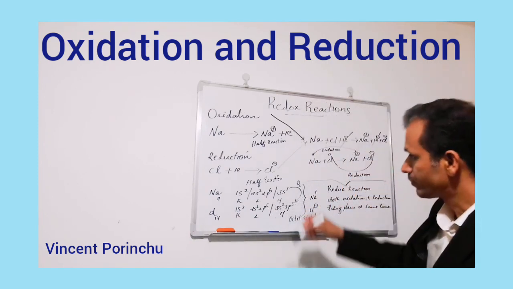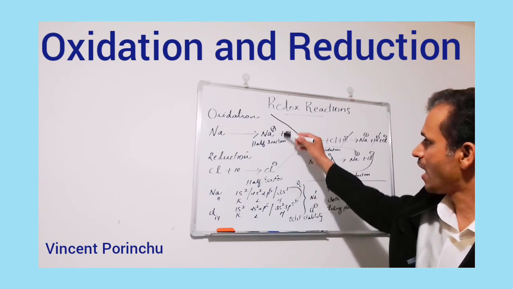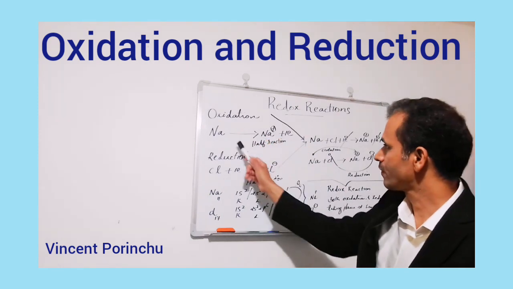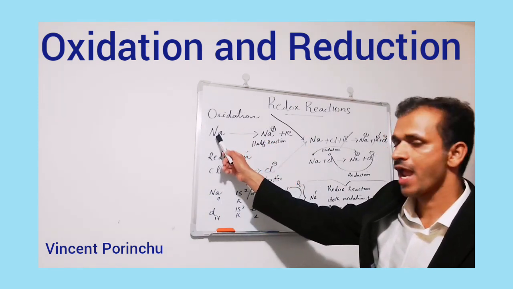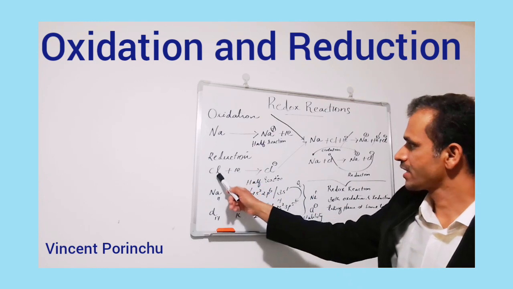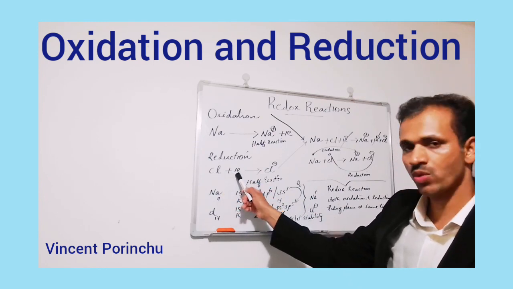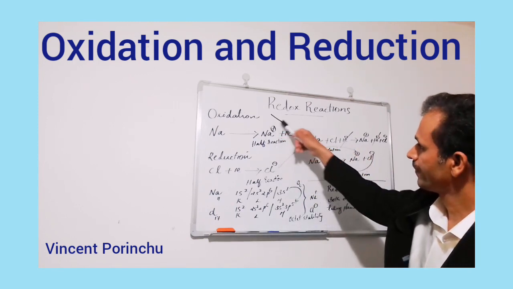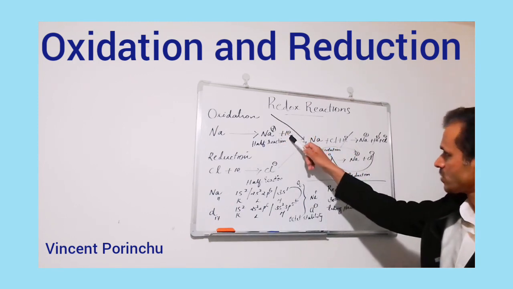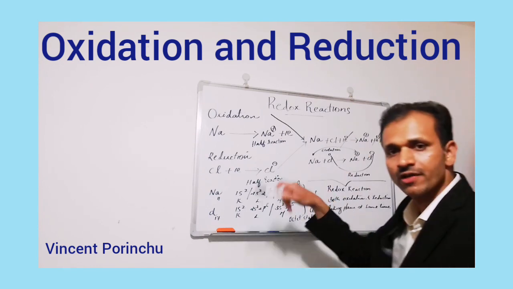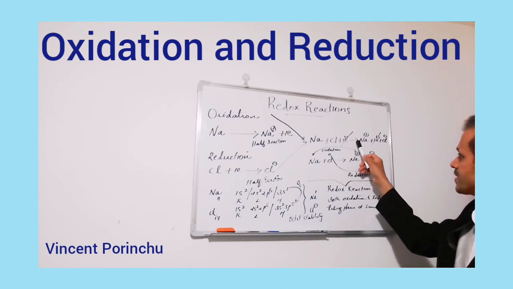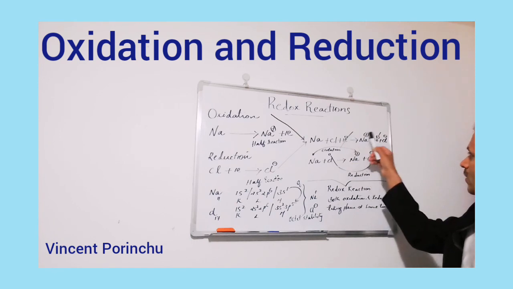When we add up those two half reaction steps, the left hand side is Na, and on the left hand side of the second step, Cl plus 1 electron. The right hand side is Na positive plus 1 electron, and the right hand side of the second step is Cl negative. Since the electron appears on both sides, we can cancel 1 electron with 1 electron.